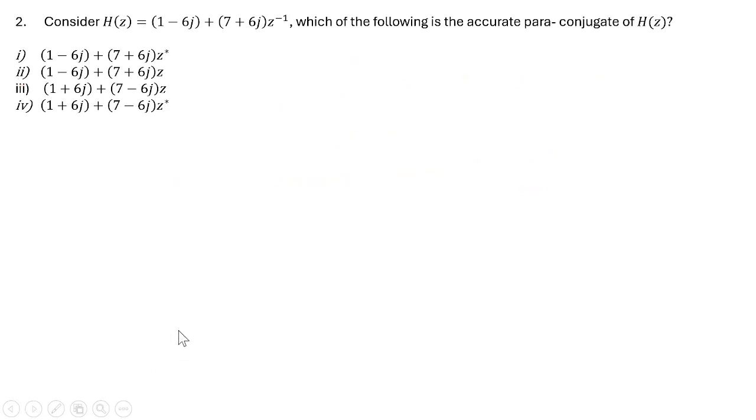Actually, these questions might look simple, this concept of conjugate and paraconjugate of the given transfer function, of course, but it is actually to prepare yourself for when we see the question regarding the all-pass filter.